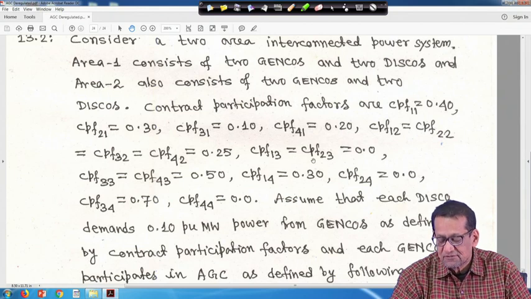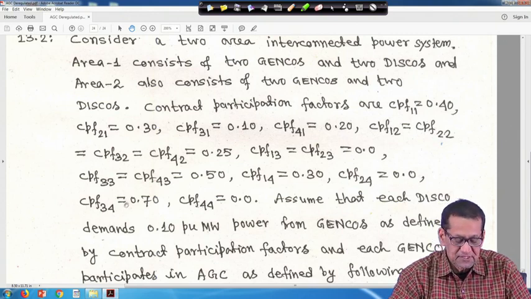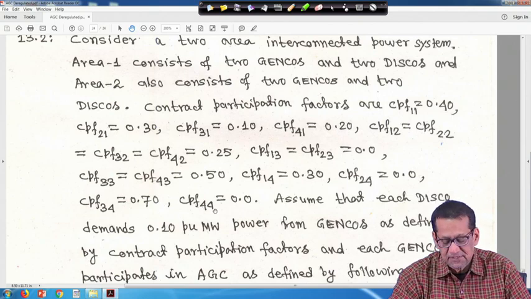CPF 13 is equal to CPF 23 is equal to 0.0, CPF 33 is equal to CPF 43 is equal to 0.50, and CPF 14 is equal to 0.30, CPF 24 is 0, CPF 34 is 0.70 and CPF 44 is equal to 0.